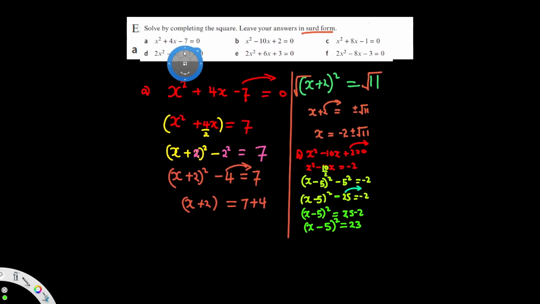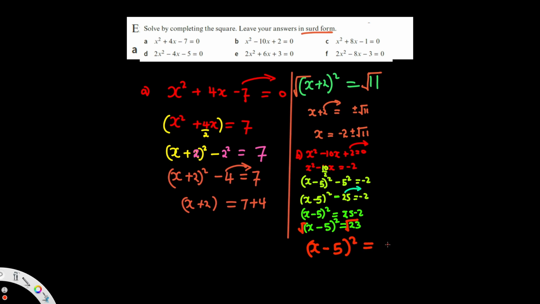So once we have this, we can now find the square root both sides so that we can leave our answer in surd form. If we have found the square root, it is going to remain as shown there.